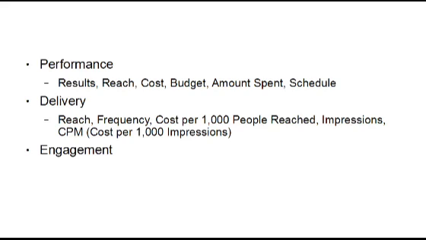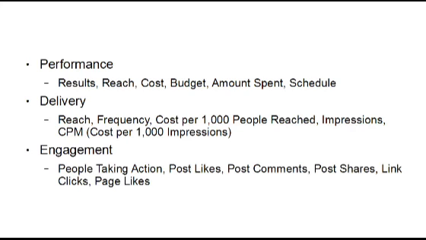Then you've got engagement. This is people taking action: post likes, post comments, post shares, link clicks, and page likes. Then there's video engagement if you're running a video ad.